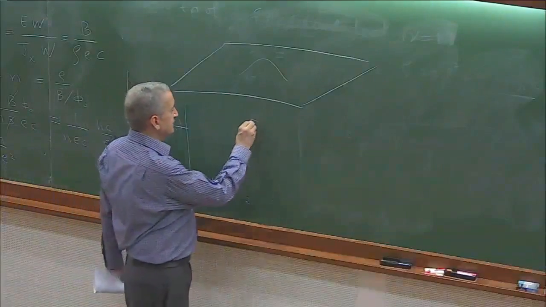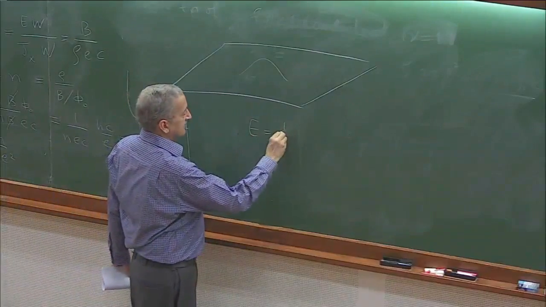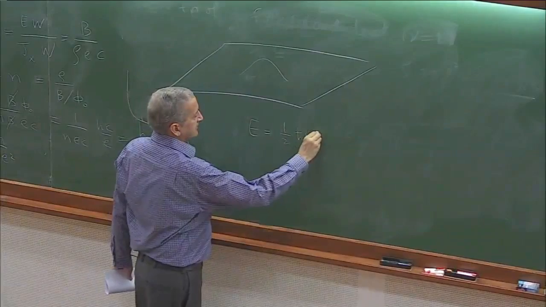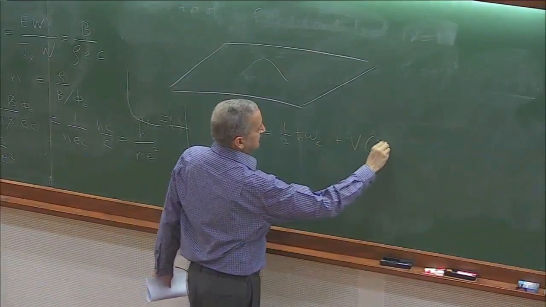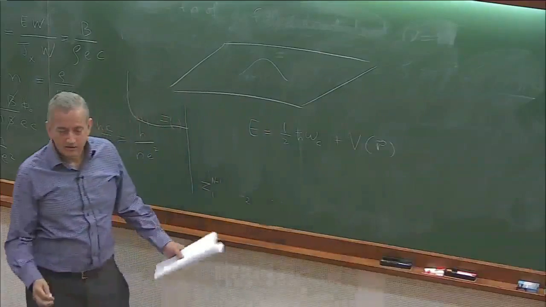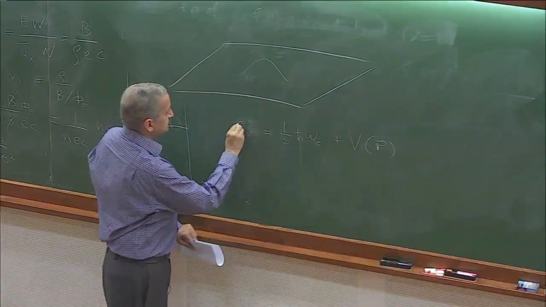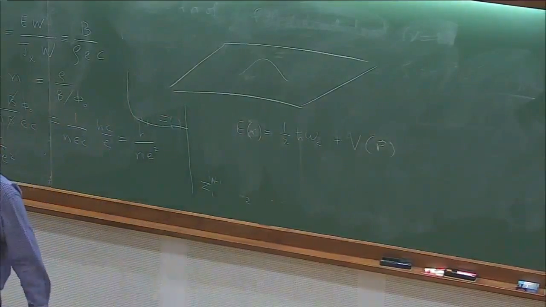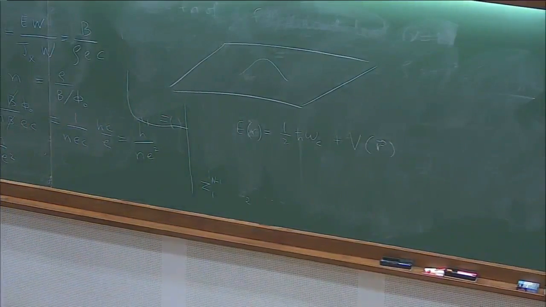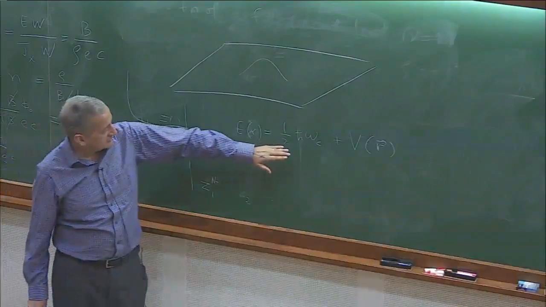So the energy of this system in the lowest Landau level is 1/2 ħω_c plus the potential at the position r. So this is the energy at any position r. Okay, I can just define Landau levels locally, and this is what I would get.